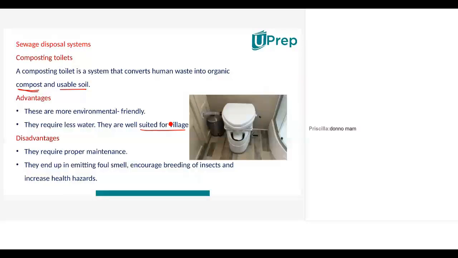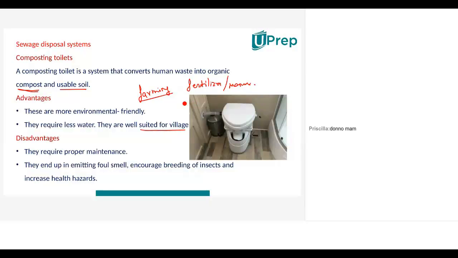Why villages, Priscilla? Ma'am, because they use soil and it's muddy. Right, no, that's because they do a lot of farming, and they would require a lot of fertilizer, a lot of manure. Ma'am, and they also do not have a proper drainage system.